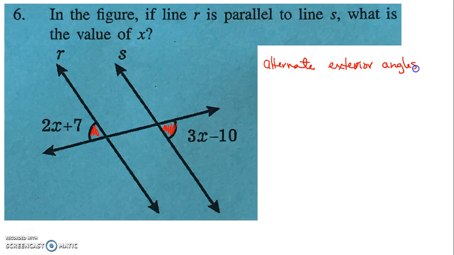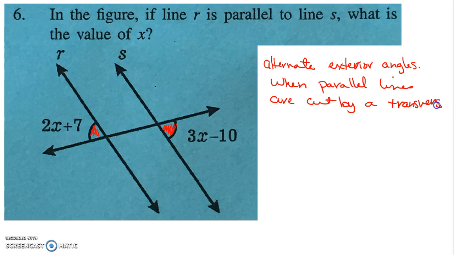And the important fact about that is when parallel lines, it's got to be parallel lines, are cut by a transversal, alternate exterior angles are congruent.